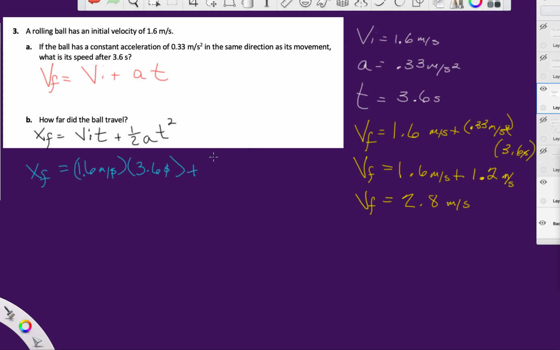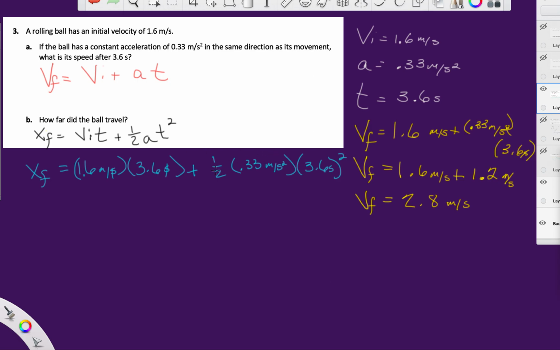Plus 1/2 times 0.33 meters a second squared times 3.6 seconds, and then square that. Now, it's a lot of work here.